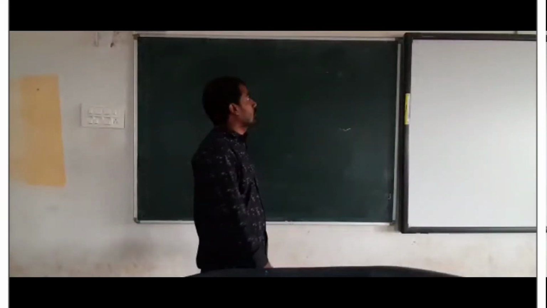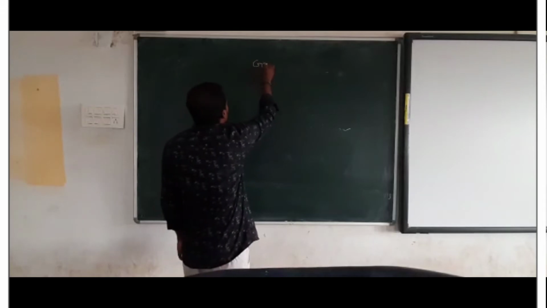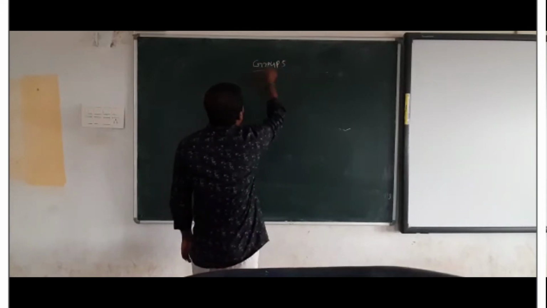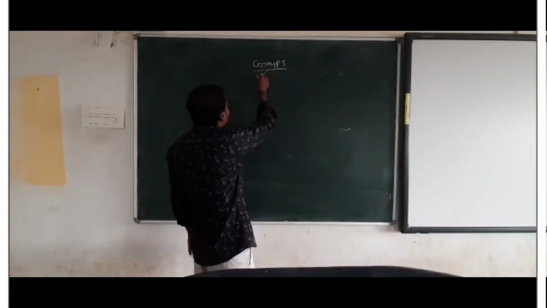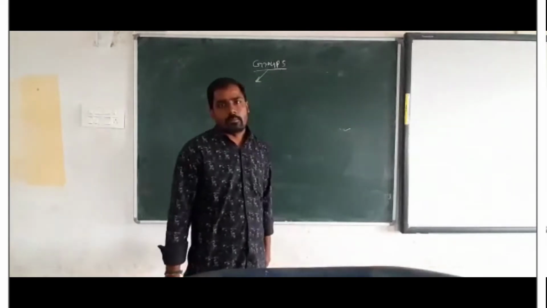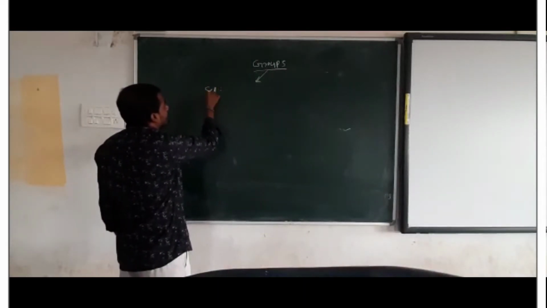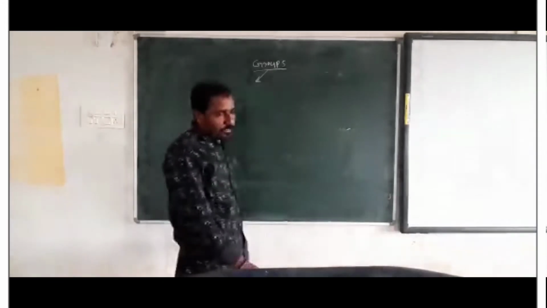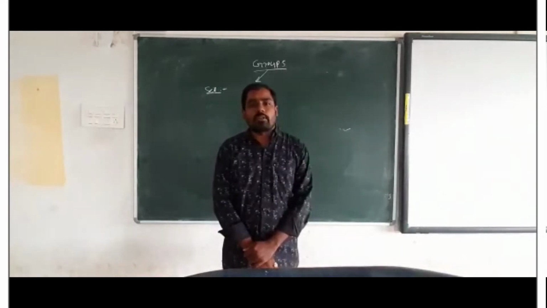To discuss the first lesson, first topic, groups. First lesson is groups. Before groups, we have to discuss some key points. First point is set. First definition is set. What is a set? A set is a well-defined collection of well-defined objects.